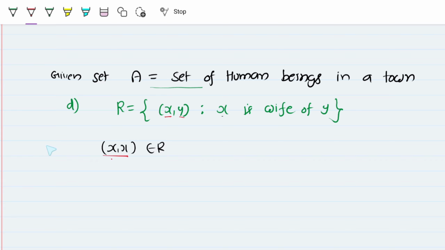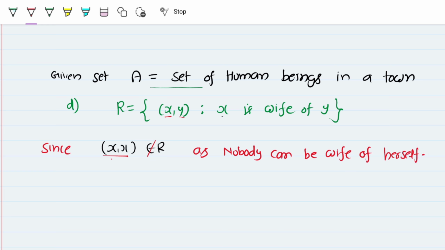So you can write, since x comma x does not belong to R, the reason is nobody can be wife of herself. It implies R is not reflexive.